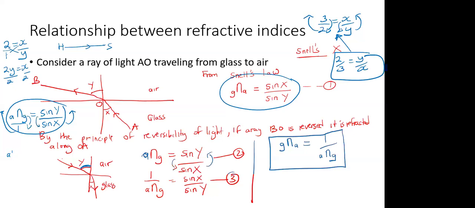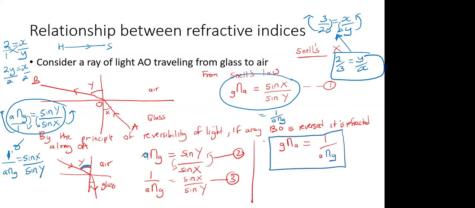I take this up, I take this down. So I'll have 1 out of air refractive index of glass is equal to sine of x out of sine of y. But when I look at the first equation, already I have sine x out of sine y. So I'm going to substitute this. I will just come here and substitute as 1 out of air refractive index of glass.